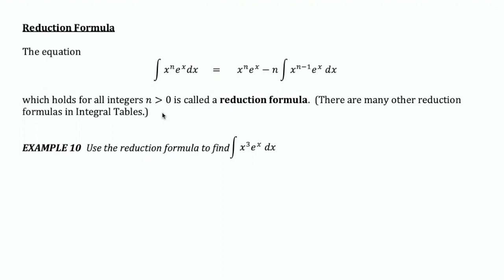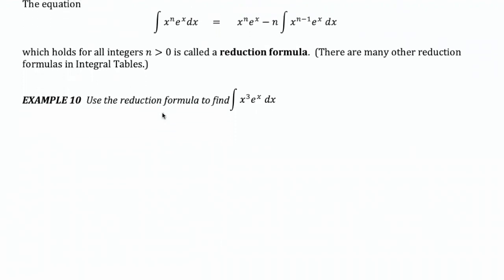So let's see how this works. I'm going to use this reduction formula to evaluate this integral. Now, the first thing I want to observe is that my n value is 3, and since 3 is greater than 0, my reduction formula applies. My reduction formula says that when I want to evaluate the integral of x cubed e to the x dx, it will always take this form.